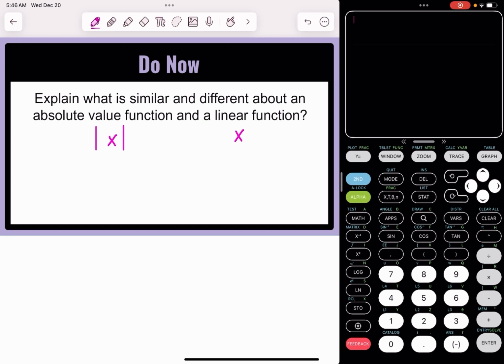So, absolute value functions look like a perfect v, where linear functions will look like a straight line diagonally, or maybe one that's going down, or it could be horizontal, or it could be vertical. Those are some differences. And some things that are the same are they're both functions.